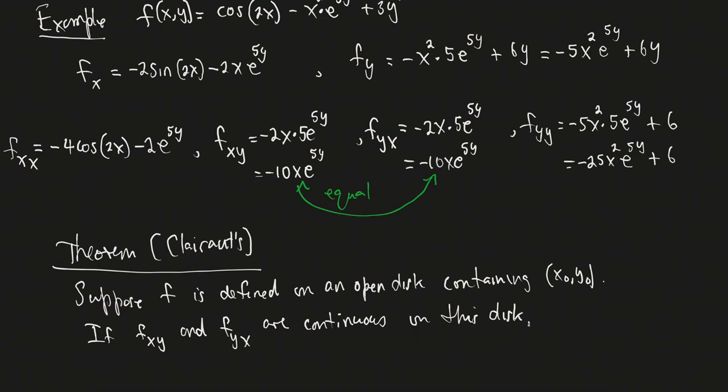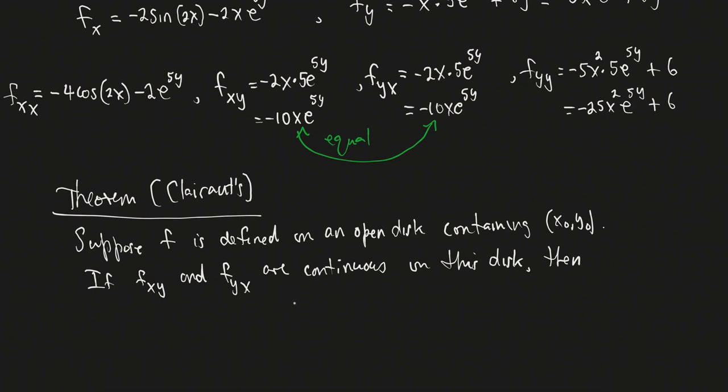So on this disk, the conclusion is this mixed partial evaluated at x0, y0 will always be equal to this mixed partial, evaluated at the same point. The takeaway is that if your mixed partial derivatives are continuous on a common disk, or let's just say domain, then they have to be equal.